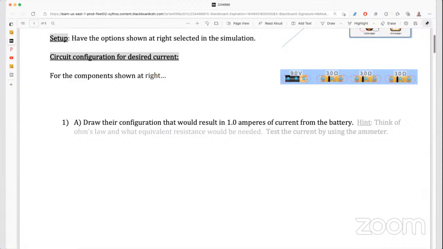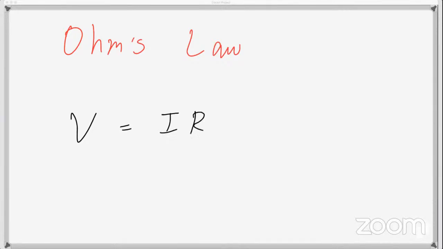If you go to Ohm's law, voltage equals current times resistance. As you can see on the whiteboard, V equals I times R. The voltage is 9 volts. The current is 1 amp. It's very straightforward to figure out the value of R that will make this equation consistent.